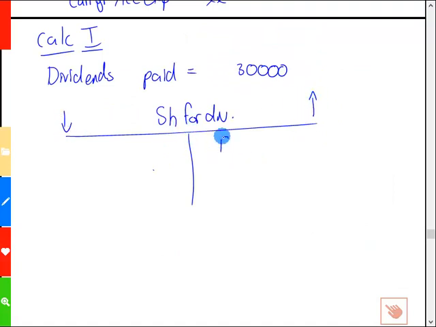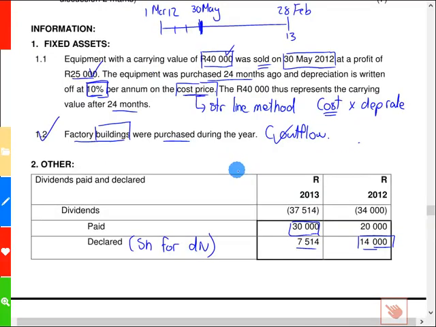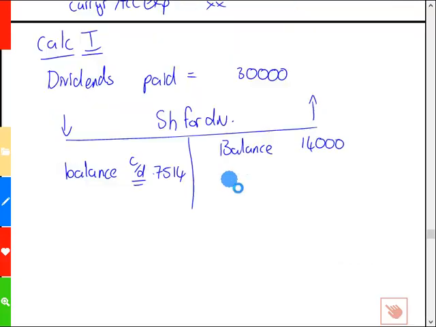At the end of the year, the balance is 7,514, and that's going to be my balance carried down. And the difference is going to be my dividends paid. And this would be my bank line item, which would be the dividends paid.